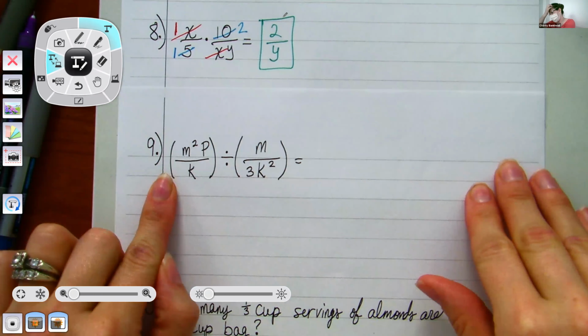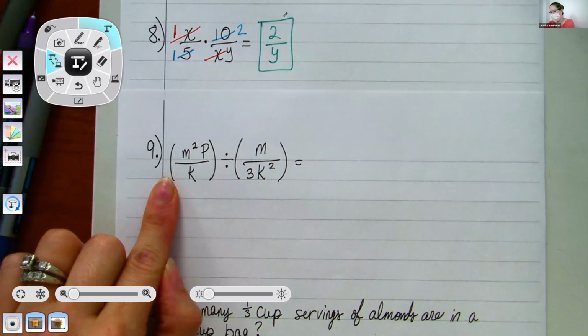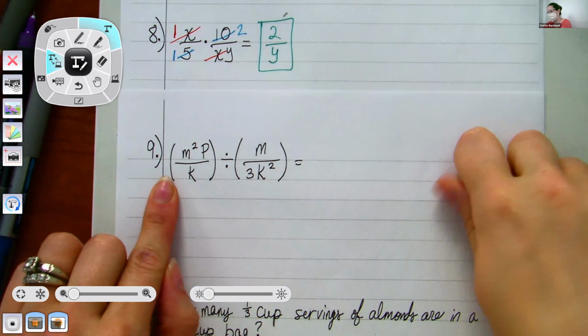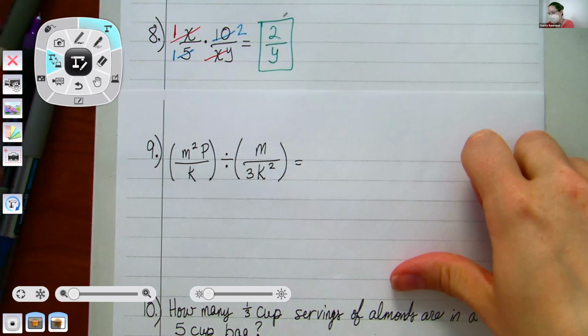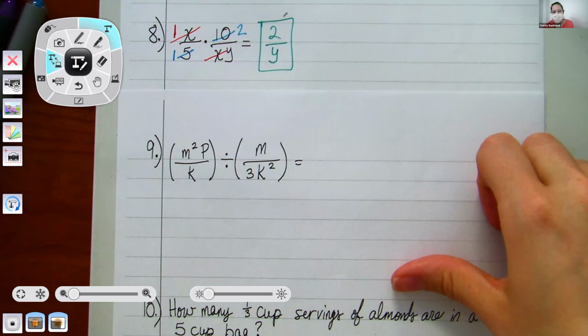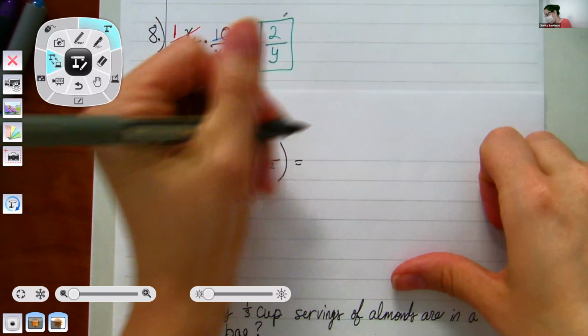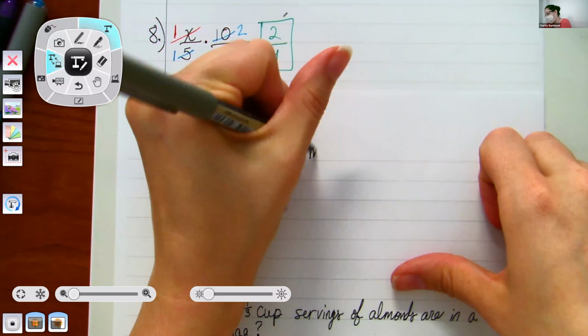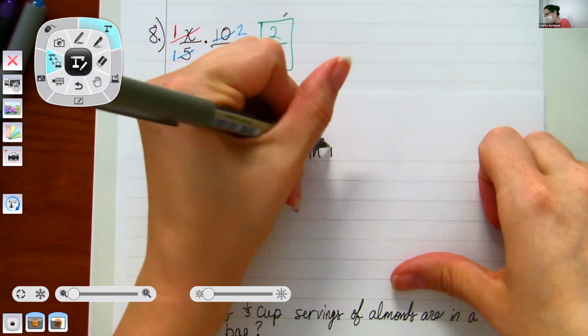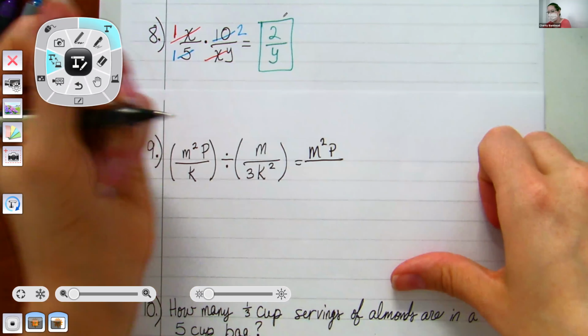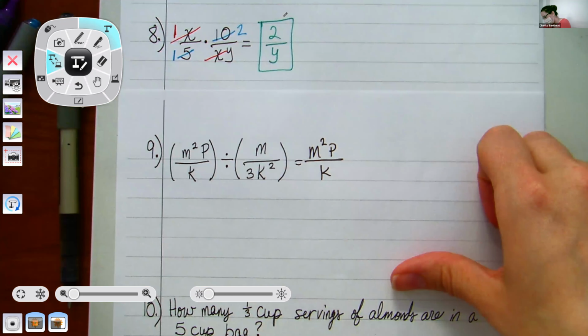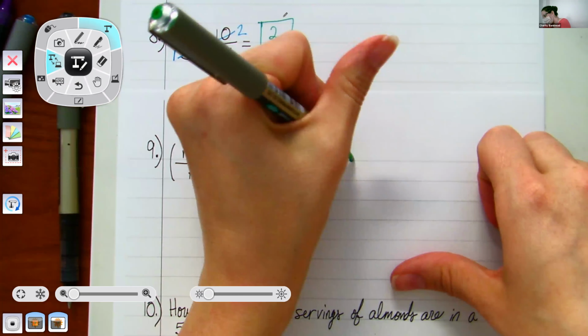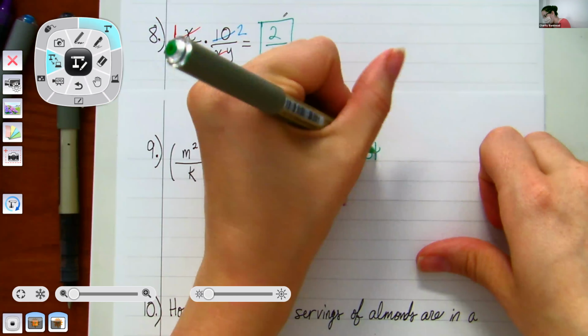Number 9. All right, so we're going to flip the second fraction and multiply. And the parentheses really aren't necessary. We have m squared times p over k, and then it's going to be multiplied by 3k squared over m.